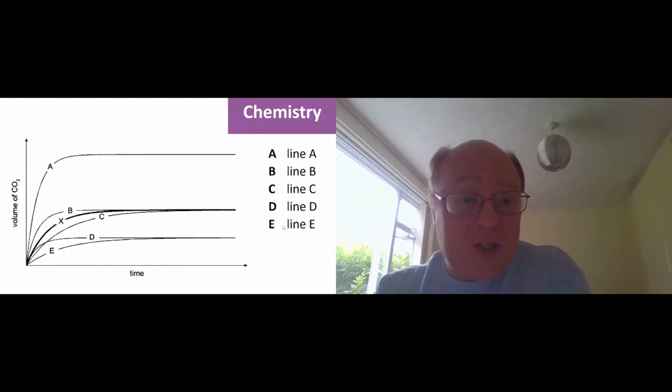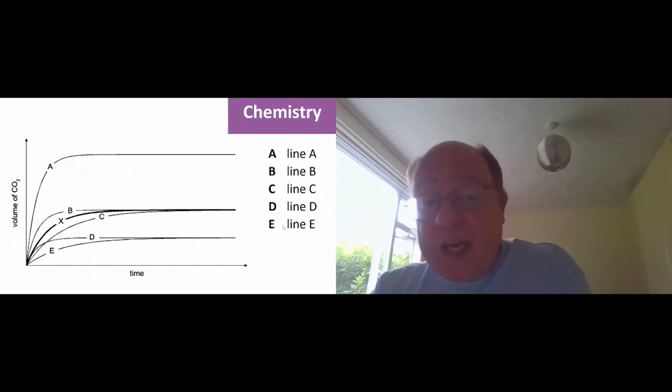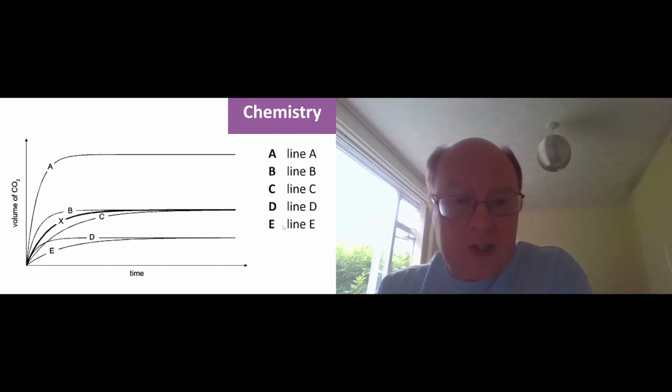If we go back to the diagram, we can see that line B is producing the carbon dioxide faster than in X, but then over time it levels out and is producing the same volume. So the correct answer here was B.